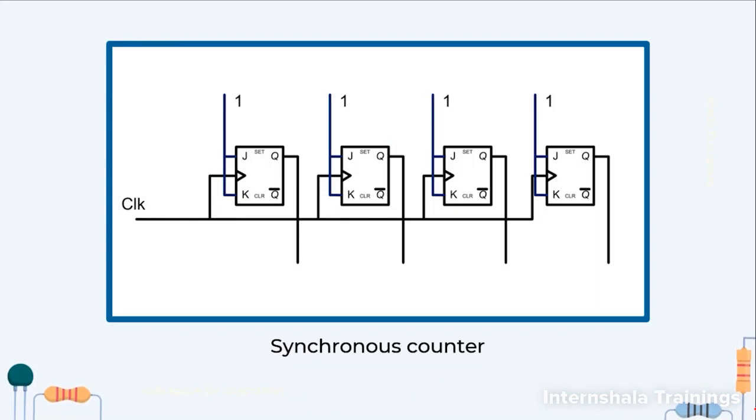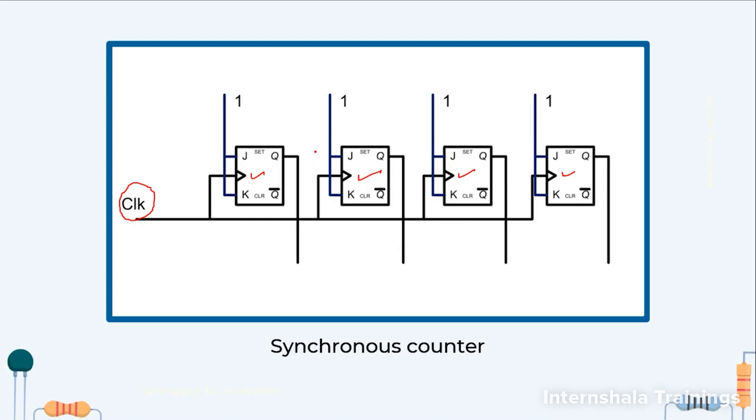Now this is the circuit diagram for a synchronous counter. As we can observe, every flip-flop has a clock signal, and that is common. Every flip-flop has JK as 1 1, so they are going to toggle. But this is not the complete diagram.